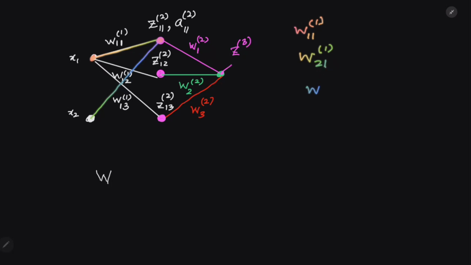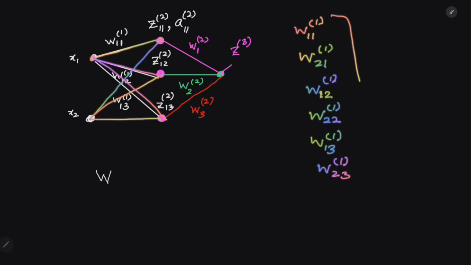Similarly, we have W1, which is layer number 1, the connection from input to hidden layer 1. Then we calculate the weights: W112, W122. Similarly, for the connection from x1 to the third neuron, we have W113 and W123.